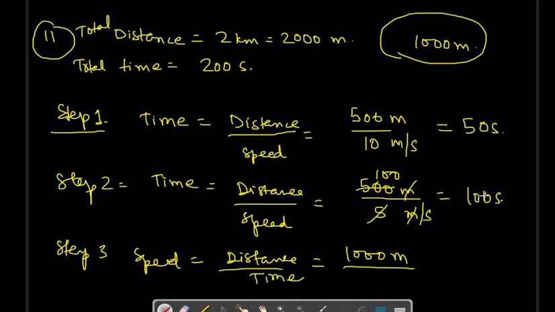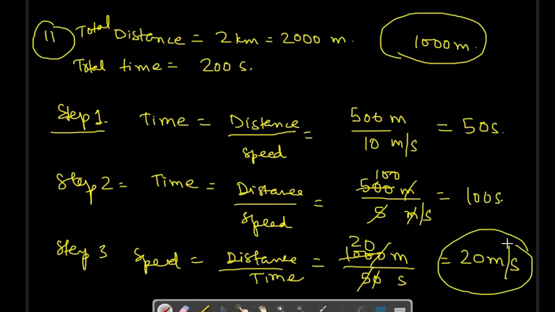What is the time remaining? They are saying total 200 seconds. So 150 seconds it has already taken. Remaining 50 seconds. So 1000 upon 50 is 20 meters per second. So with what speed should it travel to cover the entire distance in 200 seconds? It is 20 meters per second.